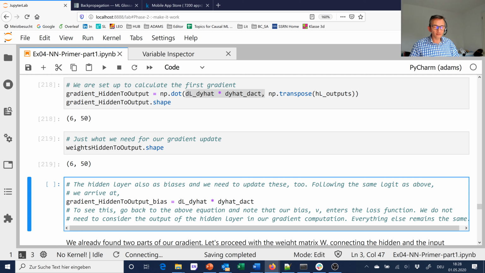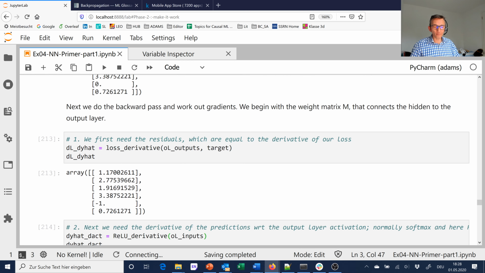And then we go back one step further, which would be checking how the raw output score, the input to the output layer, depends on our bias vector.